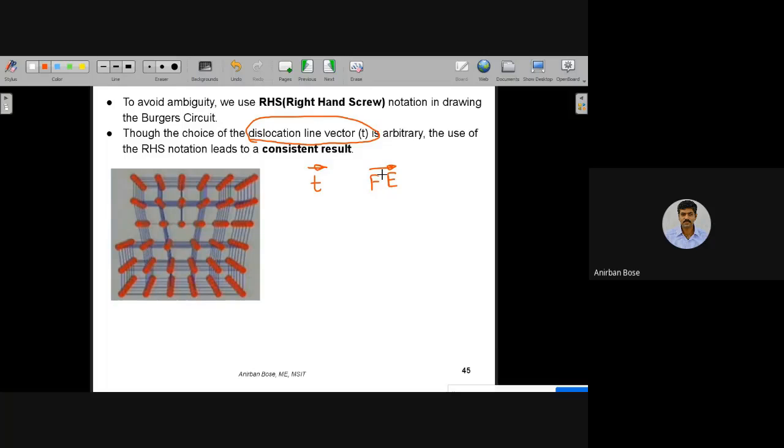There is no restriction. So the first thing is that you select the direction of the dislocation line vector, either FE or EF. For example, we are considering FE.